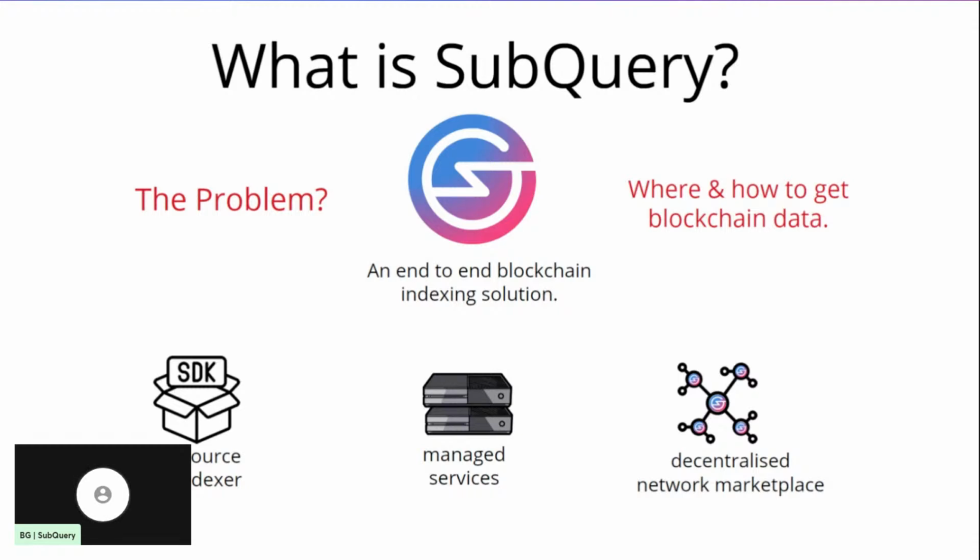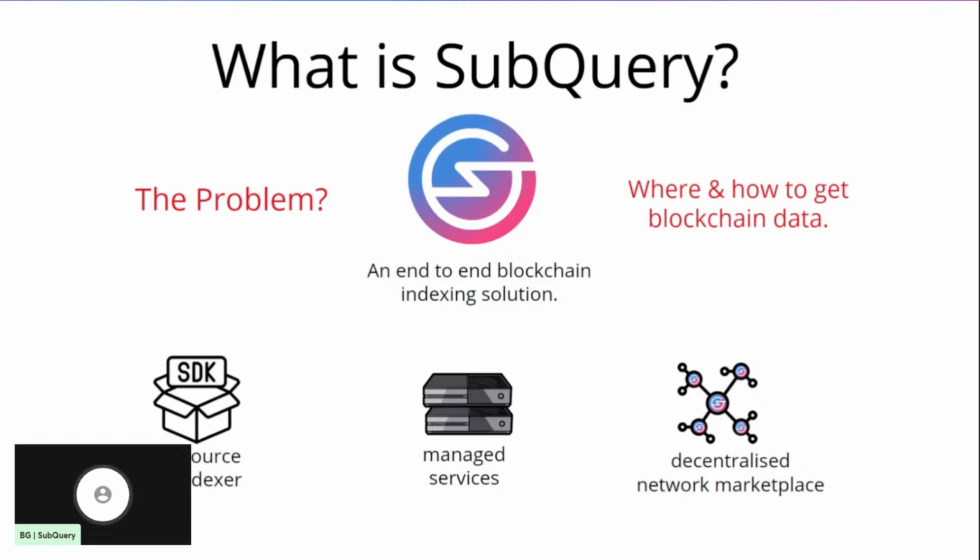You have to have a middleware that will index the raw data from the blockchain, could it be events or messages or blocks or transactions, and somehow handle it and save it in a meaningful form that can be queried via quite a standard interface called GraphQL.